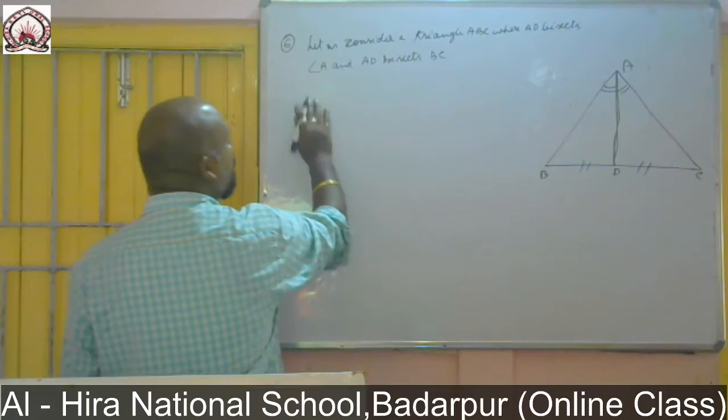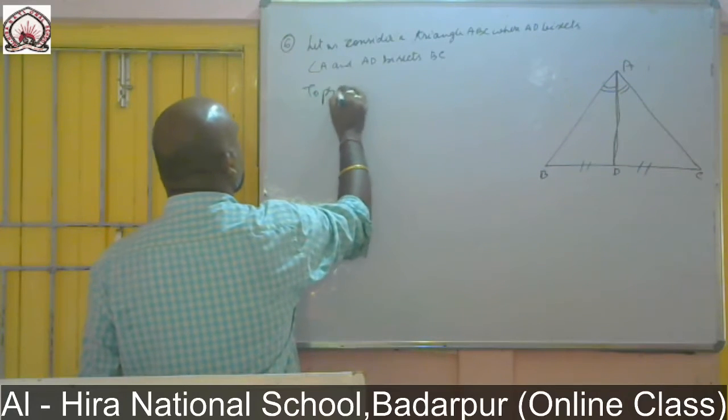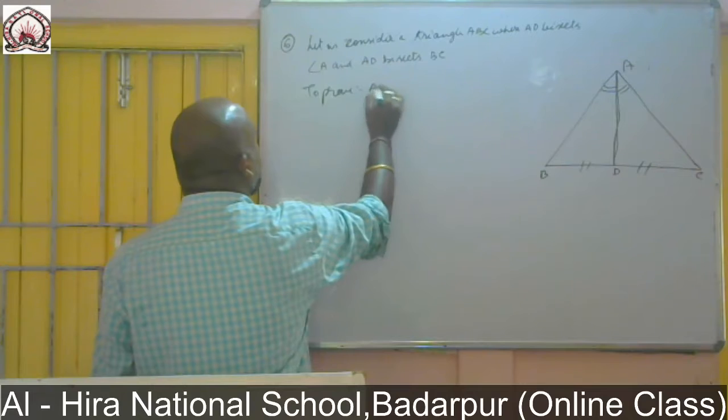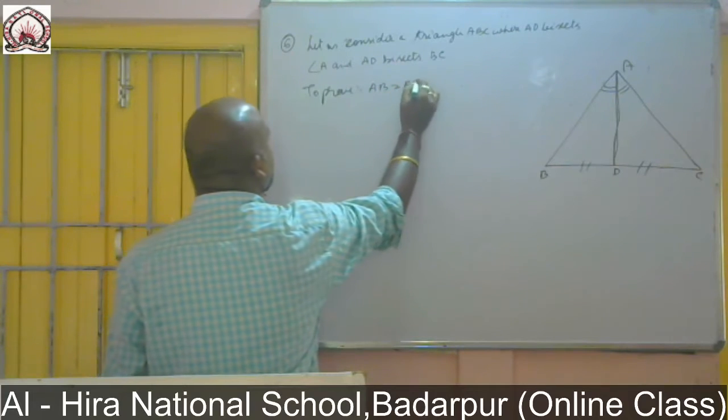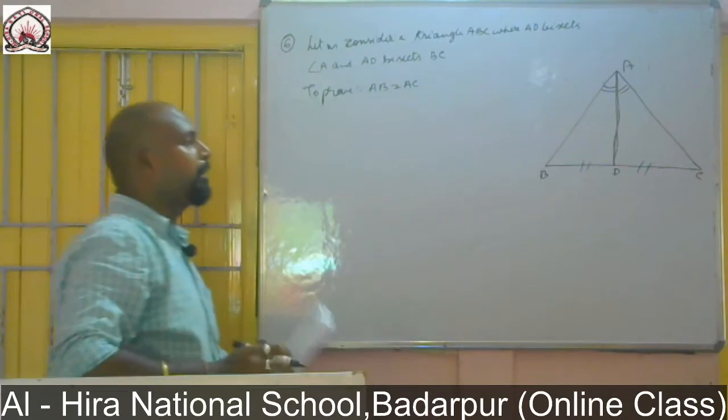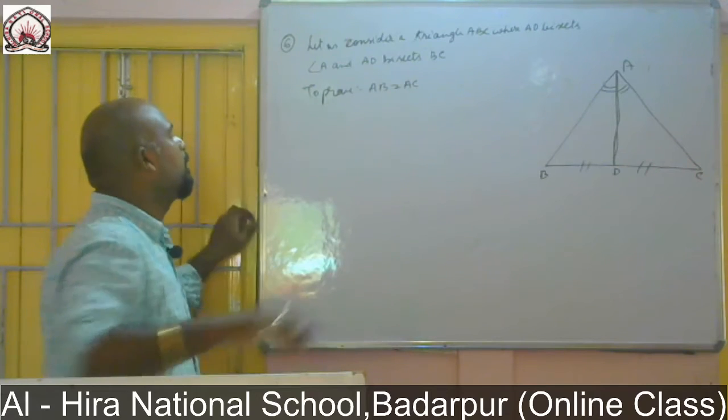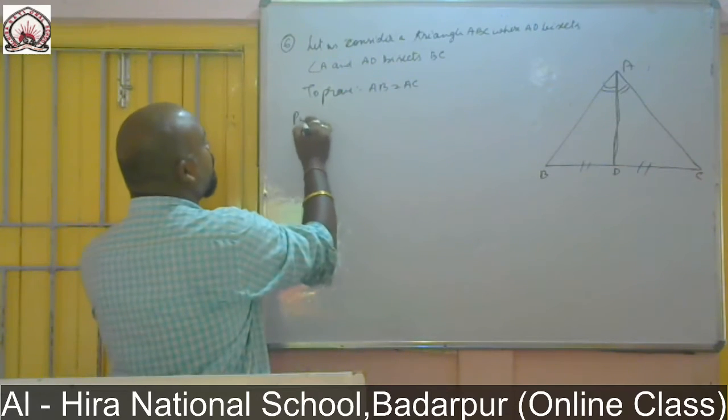Now to prove, you have to prove AB equals AC. Now proof.